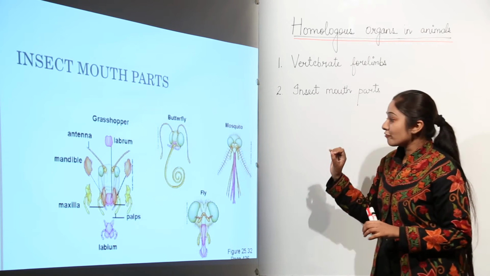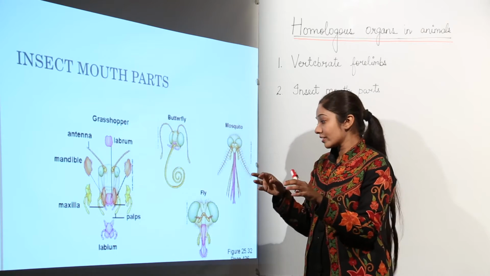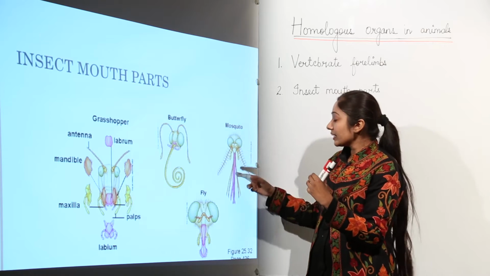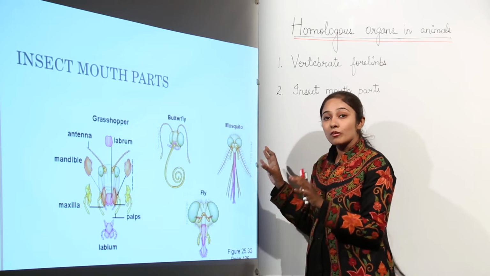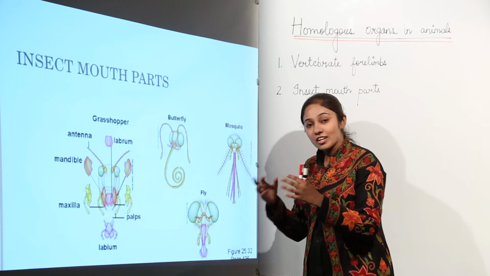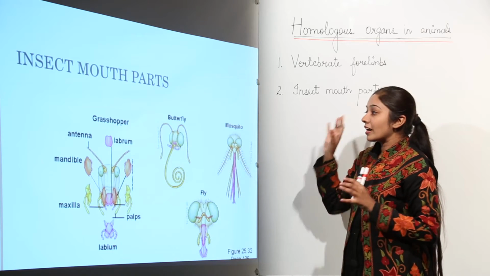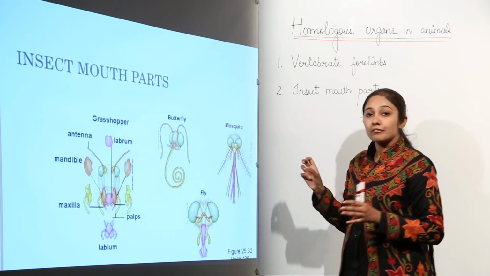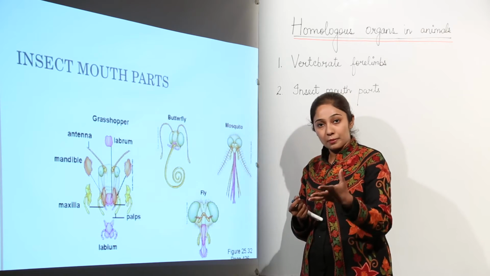And in case of a housefly, this helps to take in food, right? But in case of mosquito, these mouth parts are used to suck blood, to suck liquid food. So in all these cases, the functions of the mouth parts are different. But if you talk about the basic structure, they are same.